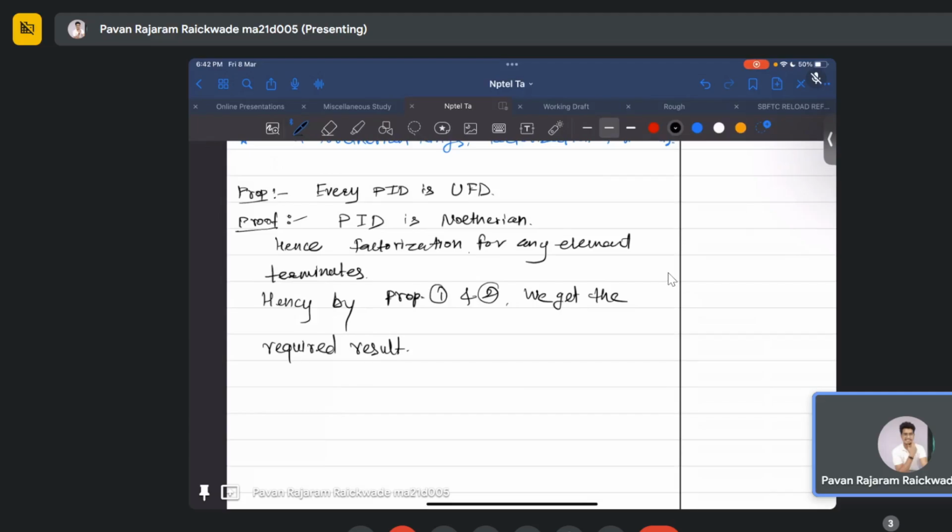So what we have shown is that every principal ideal domain is a UFD, unique factorization domain. In particular, every Euclidean domain is a UFD. So these are very big classes of integral domains which are naturally there everywhere, and you know now that they are all UFD. So this is about UFDs and PIDs. These are very general integral domains.